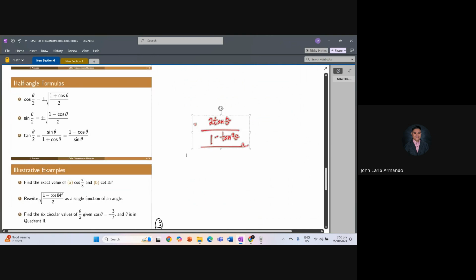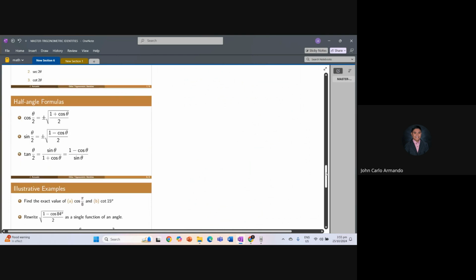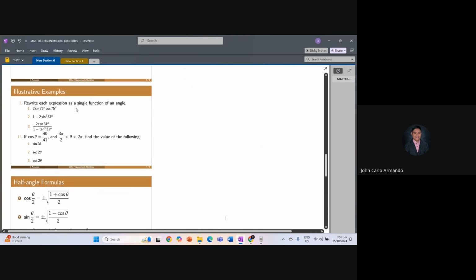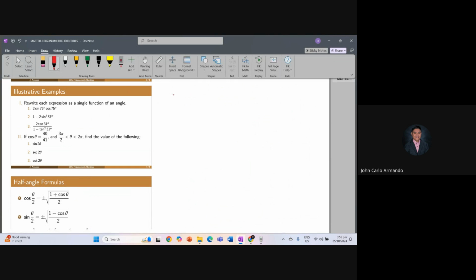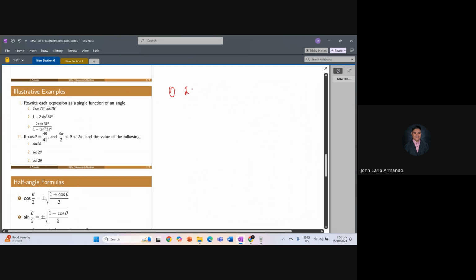Okay, sige. Right. So we solve. Rewrite each expression as a single function of an angle. So we have number 1, 2 sine 75 cosine 75. And that is very obvious. It follows this formula: sine 2 theta equals 2 sine theta cos theta.